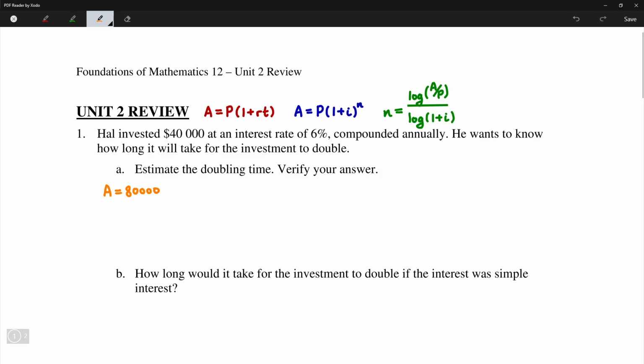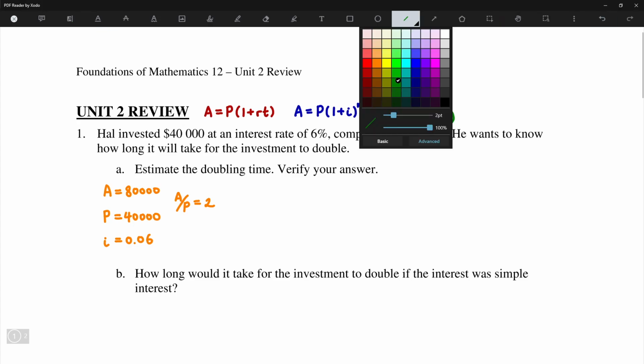The principal will be $40,000, and the interest rate is going to be 6%, so 0.06. Notice that the ratio A over P is simply going to be 2, and we'll be using that for a few different parts of this question, so we'll just leave it there for now.